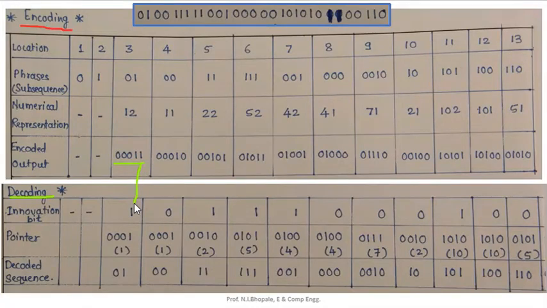Last bit is taken here. So splitting of this encoded output stream is done like this. So it is of 5 bits. Out of those 5 bits I will just drag out this last bit, and that is called the first row of the decoding table. That is nothing but the innovation bit.